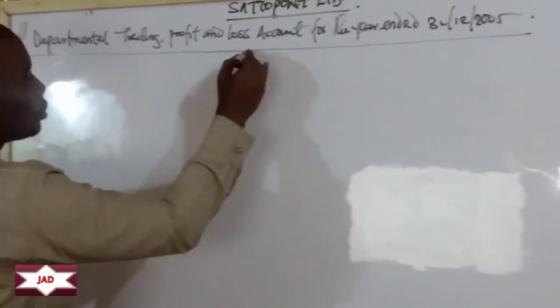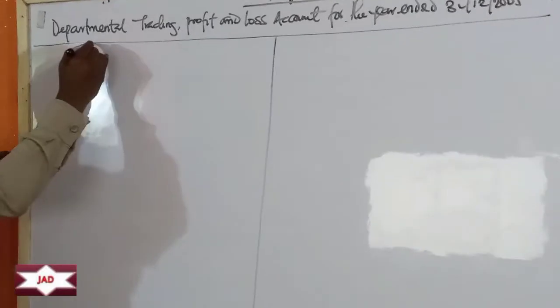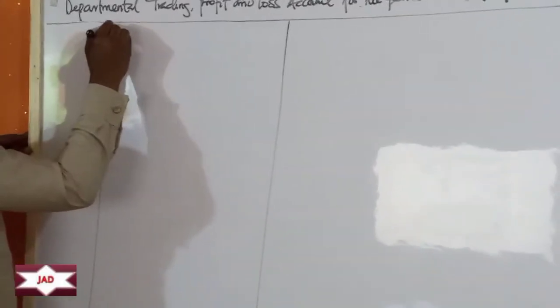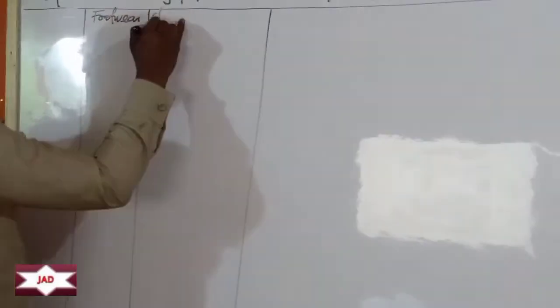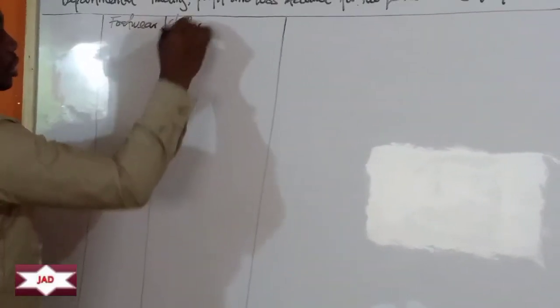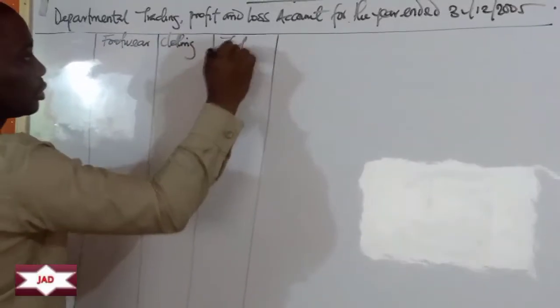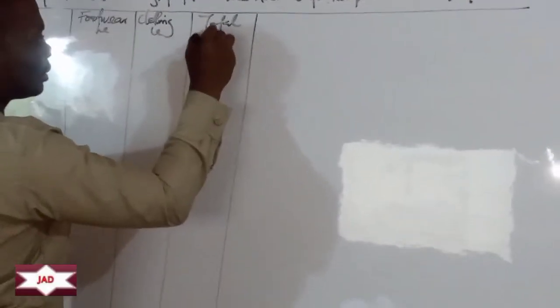So what do we have here? Let's say this is the columnar form. Let's call this footwear, let's call this clothing, and then this will be the total. It's in Lee. Lee is Sierra Leone, so I think it's a Sierra Leonean currency.